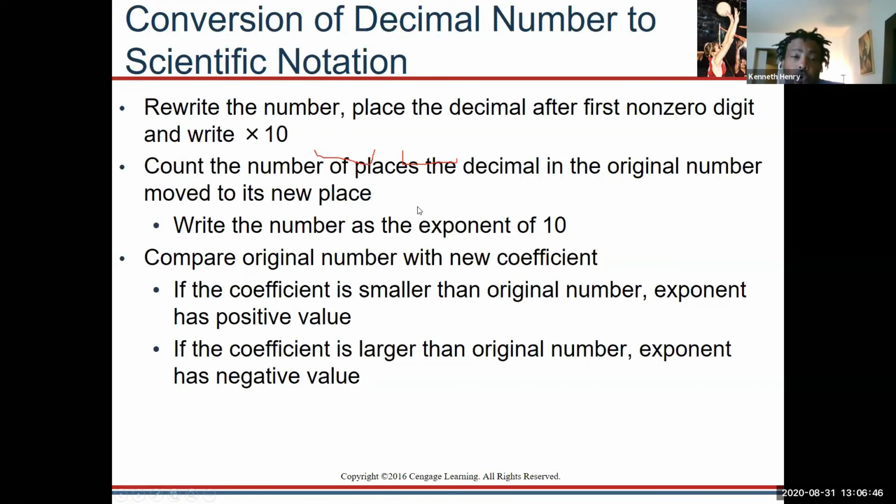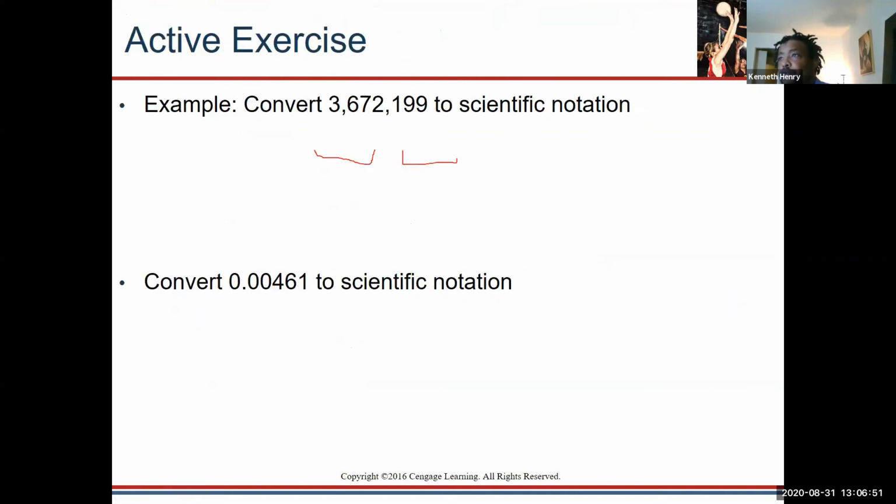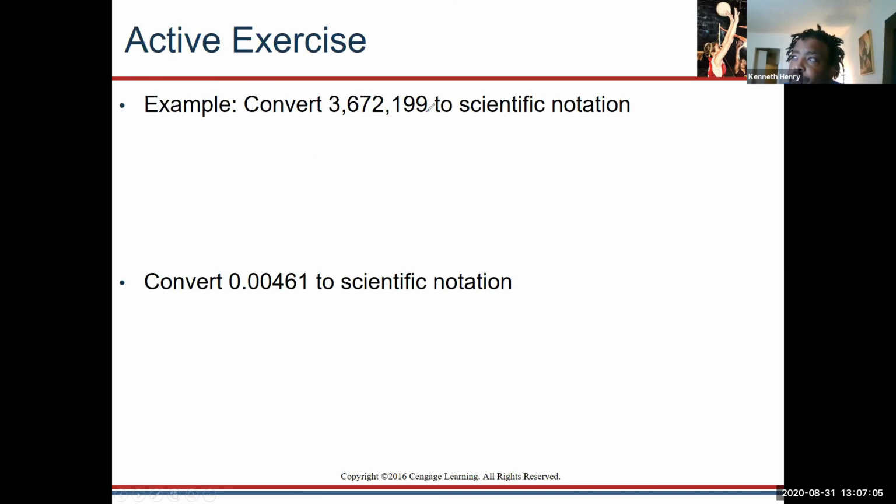So the way that we would normally go about doing this is that, let's say we have a number that is in decimal form. This number here represents a decimal form. Example. So in this situation, your decimal technically would be right here, right before the 1 spot. So then all you would do is count 1, 2, 3, 4, 5, 6.